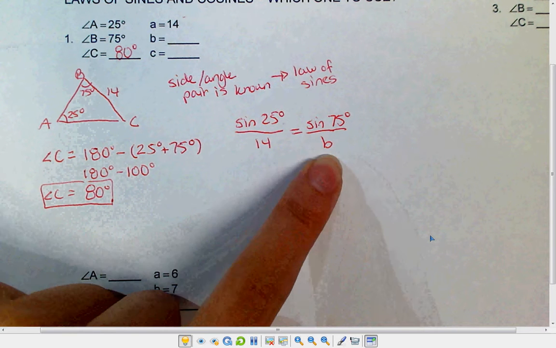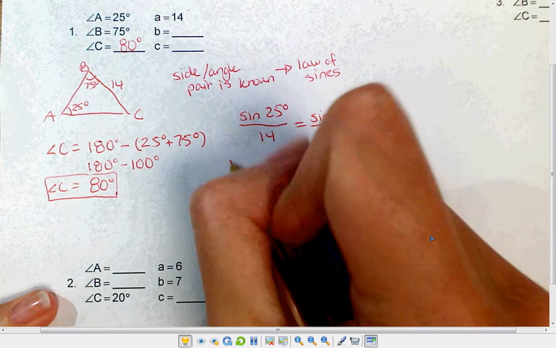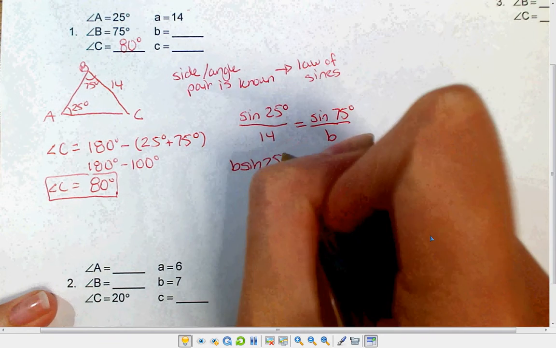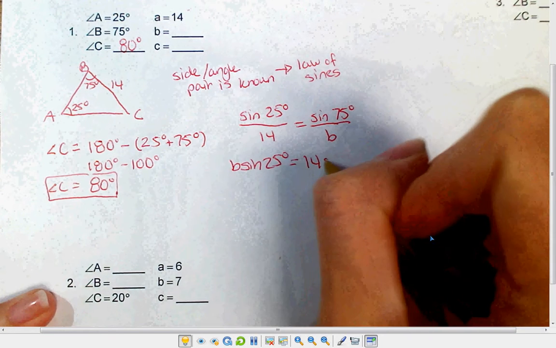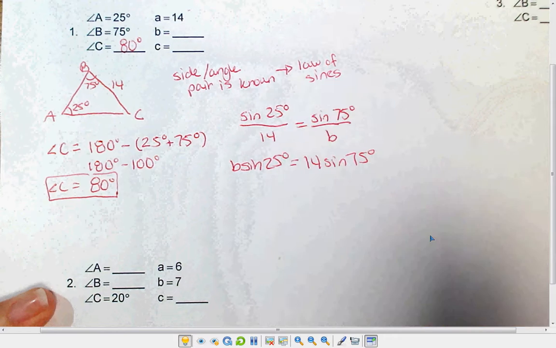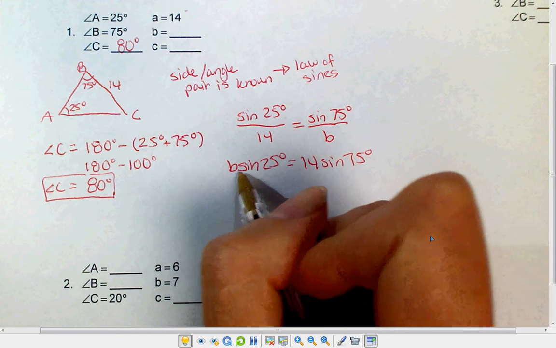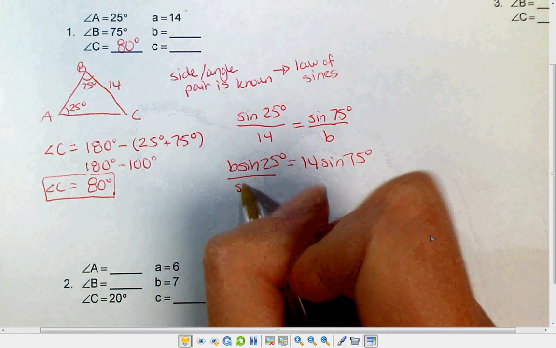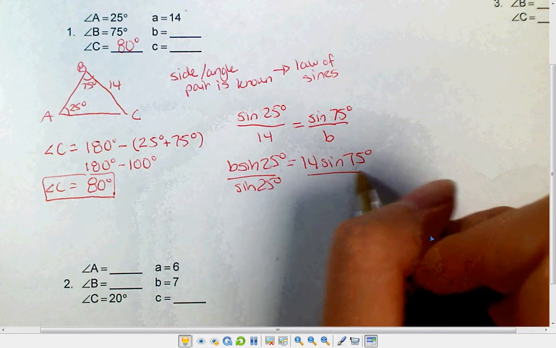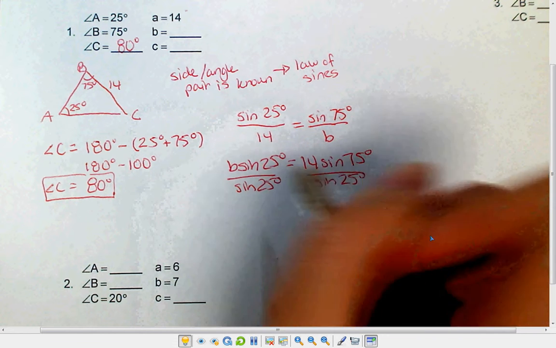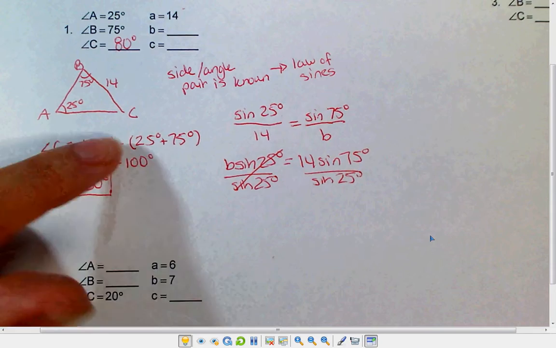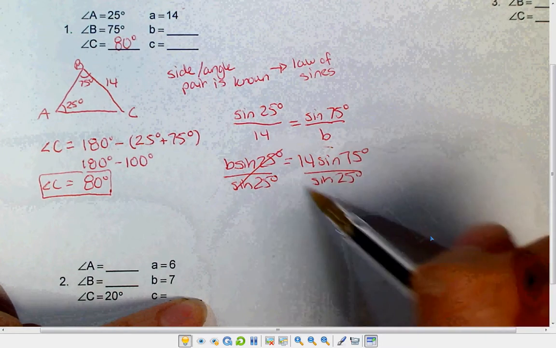So to solve for B, we're going to cross multiply. And we're trying to get B by itself, so since it's being multiplied by sine of 25, we're going to divide by sine of 25. And that cancels this out, so we have B by itself. So this is what we're putting into our calculator.